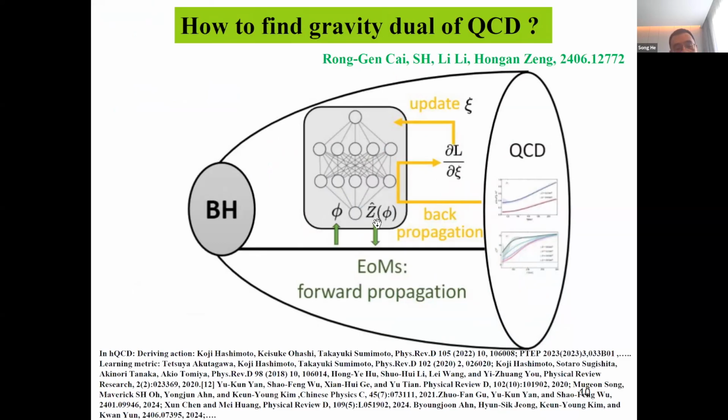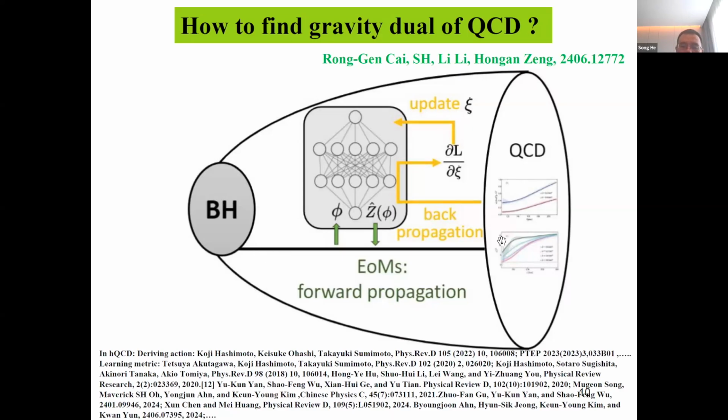Here I just show a simple example where we just want to determine the so-called Z(phi). We try to build up, in terms of holographic QCD and AdS/CFT, the asymptotic AdS black hole background, and because we have no idea, we know the Einstein equation. There are several ways in holographic QCD to derive this action, but now we just focus on the neural ODE, because it's quite sensitive.